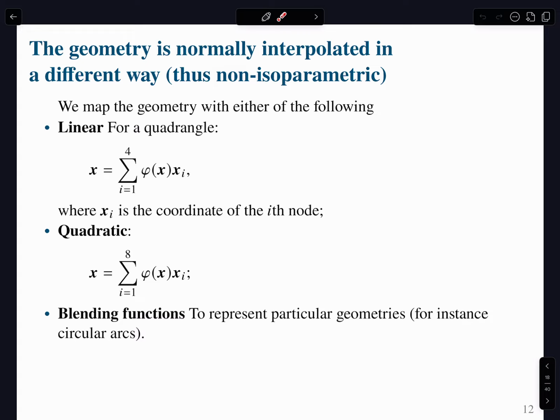Say we keep our approximation of the field quadratic, and then I use some way to represent an arc of a circle to an exact geometry. In that case, our representation is superparametric, right? And that may not be good.